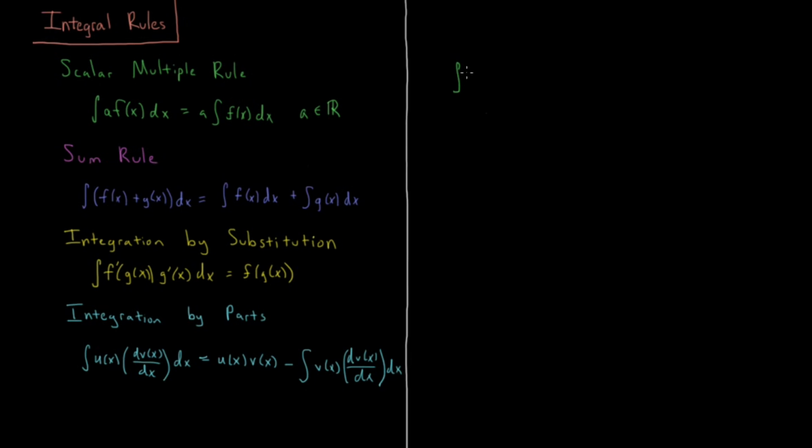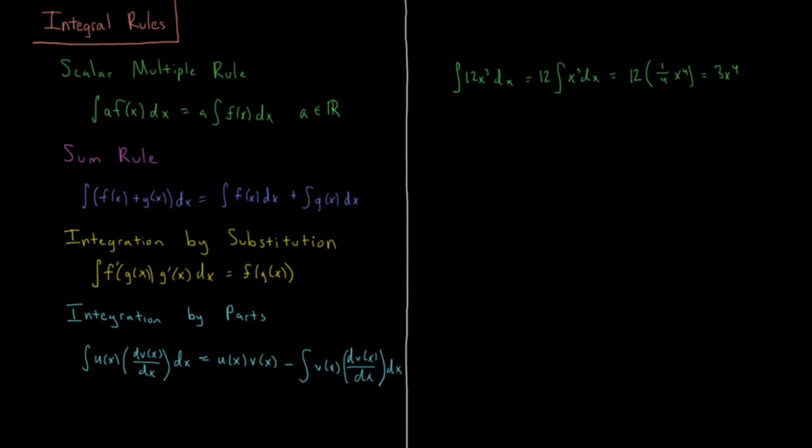The integral of 12x cubed dx is equal to 12 times the integral of x cubed dx, which is equal to 12 times 1/4 x to the 4th, which is equal to 3x to the 4th.